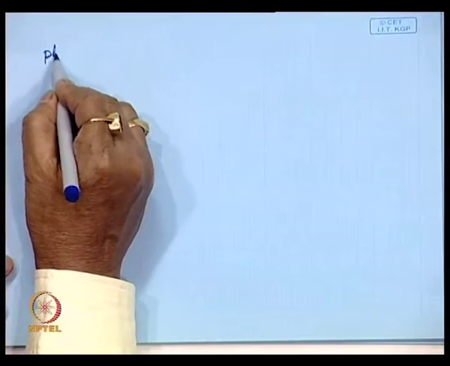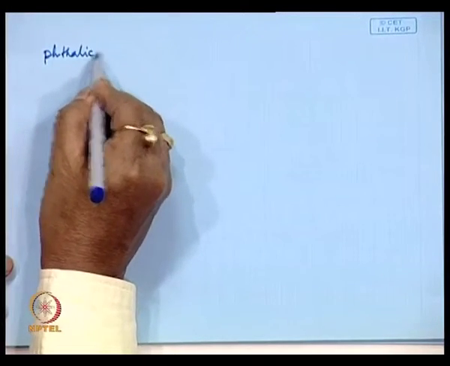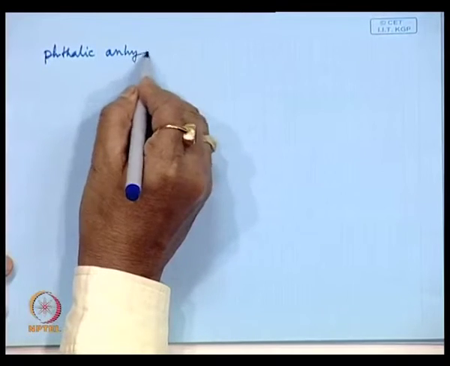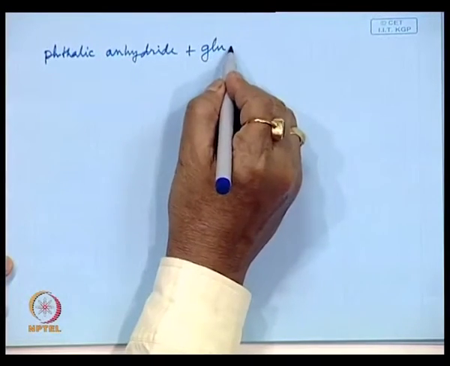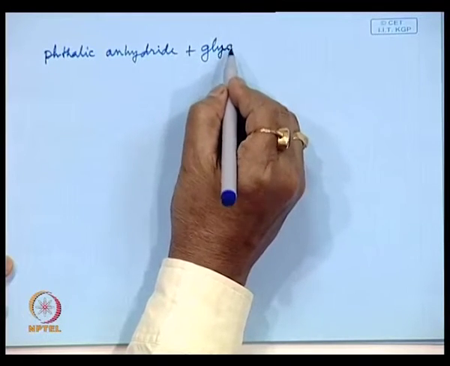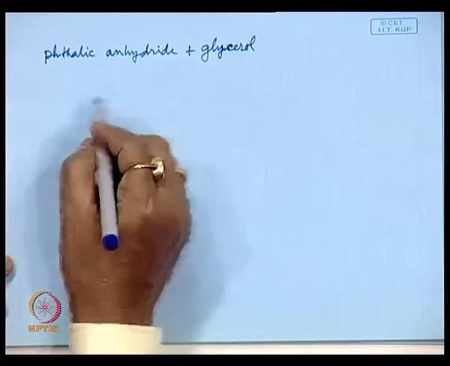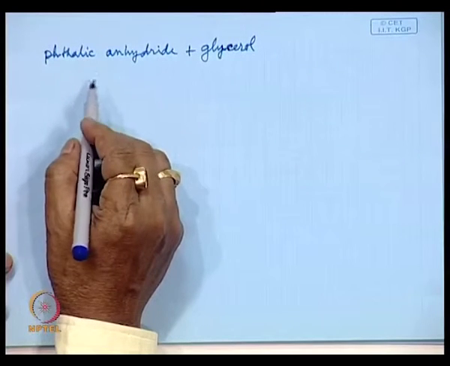Say for example, if you polymerize phthalic anhydride and glycerol, what is the formula of phthalic anhydride?